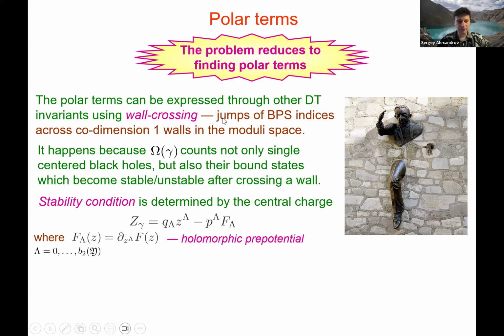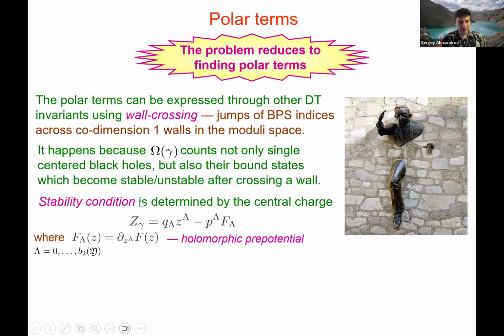I remind you that wall crossing is the phenomenon that our BPS indices are not constant throughout the moduli space, they're only piecewise constant, but they can jump across certain codimension one walls in the moduli space. The physical reason for this is very simple, because our BPS indices count not only single-centered black holes, but also multi-centered black holes. And bound states can be stable in one region of the moduli space or unstable in the other region. And that's the reason for these jumps.